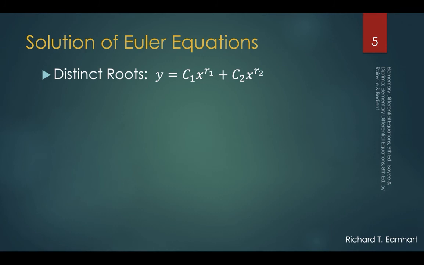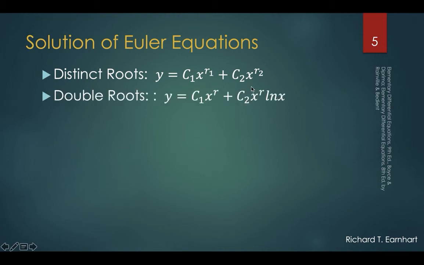So since the indicial equation is quadratic, we will get two roots. Now if the two roots are distinct, then the solution will be in the following form: c1 x raised to r1 plus c2 x raised to r2. For double roots or identical roots, c1 x raised to r, and for the second solution, that is x raised to r, then we multiply by ln of x.